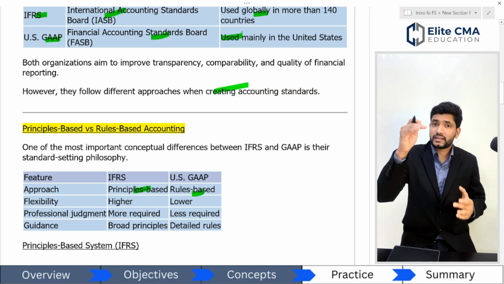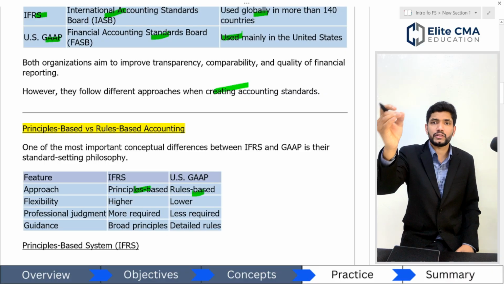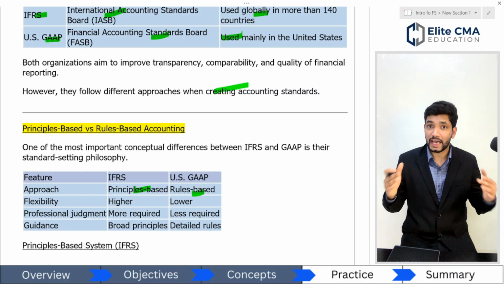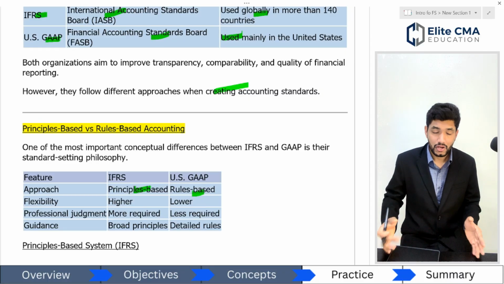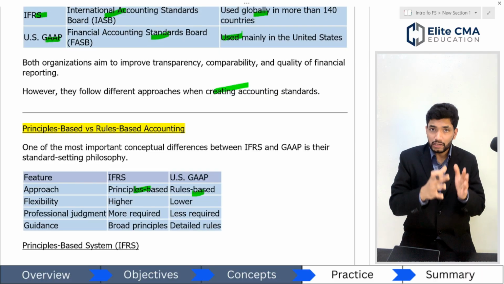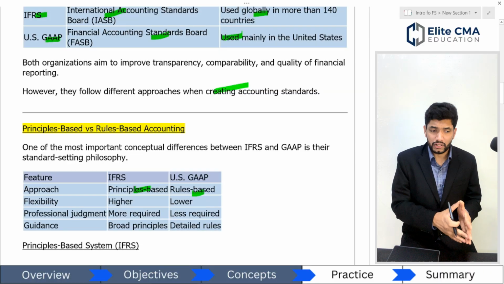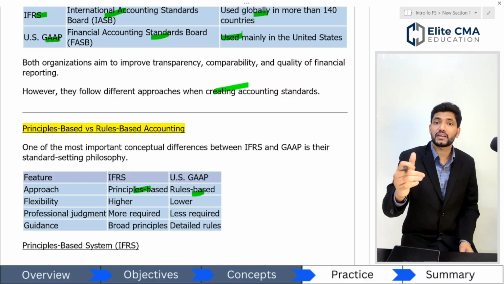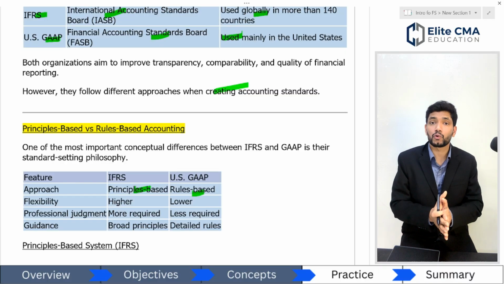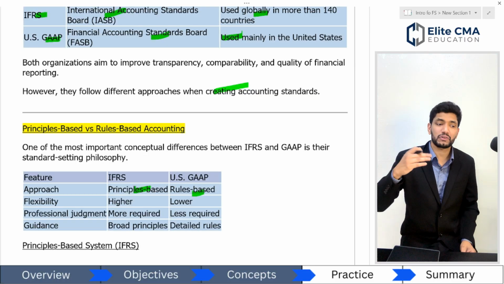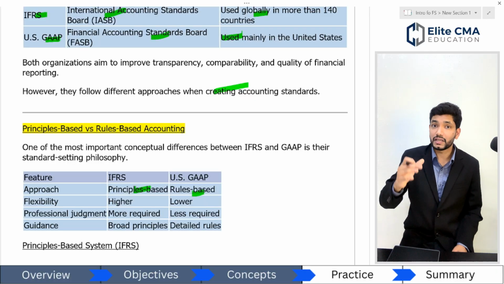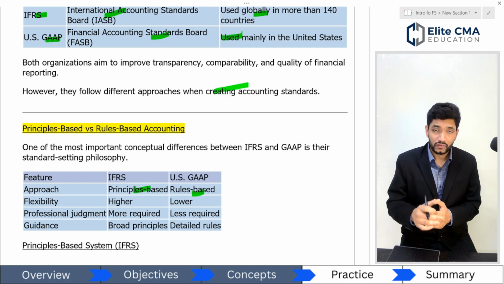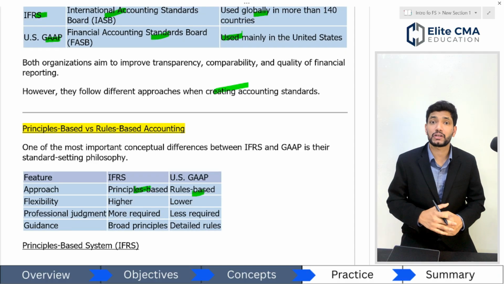Principle-based means there are key principles already set in IFRS, and based on those principles you have to apply professional judgment to get clarity on the treatment. In US GAAP, which is rule-based, the professional judgment requirement is very low because a predetermined rule for accounting treatment is already set for each case. But IFRS requires more professional judgment to reach a final conclusion on the treatment of accounting entries.